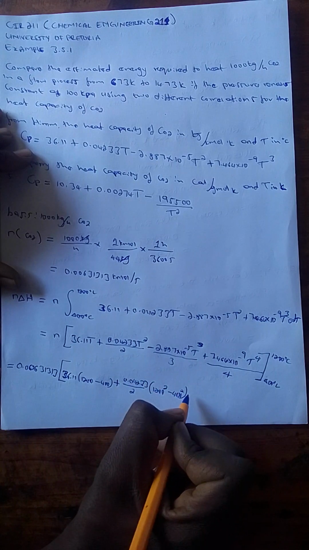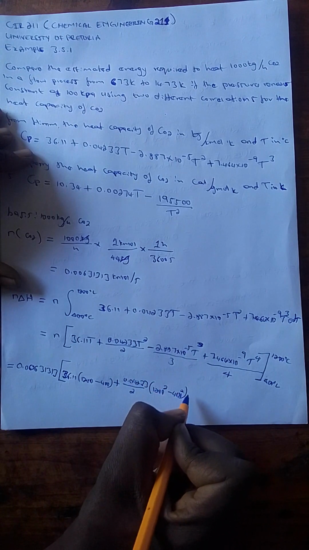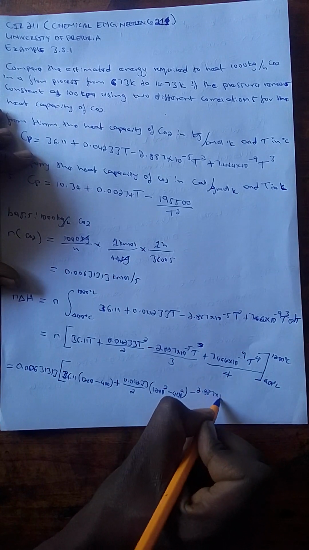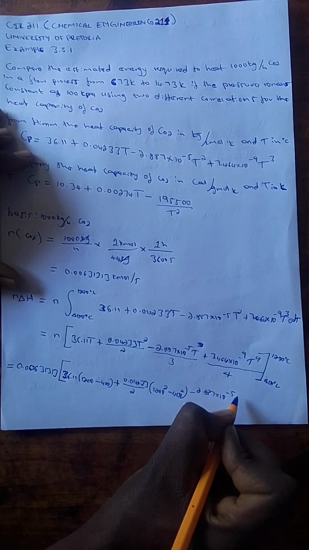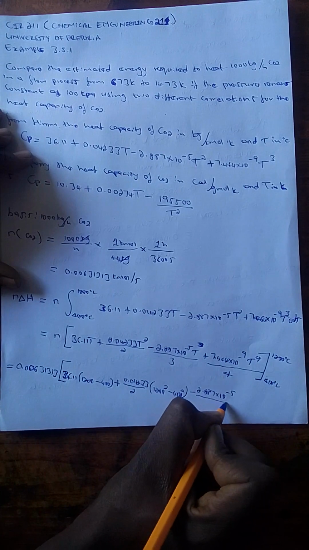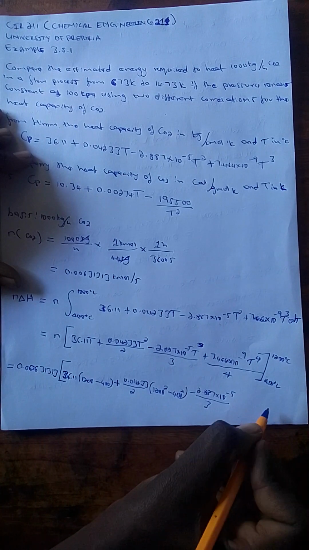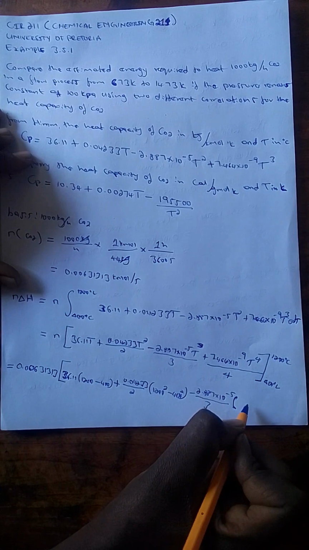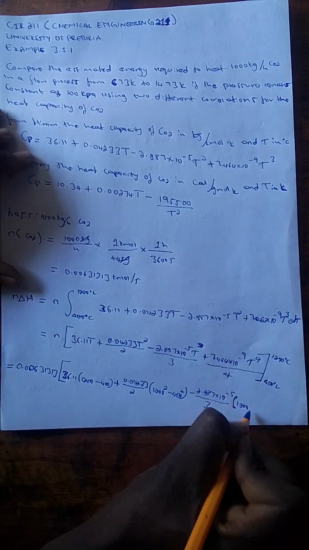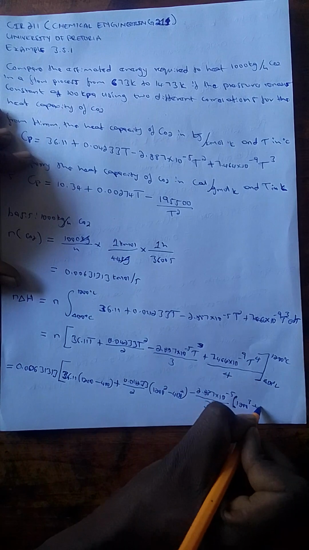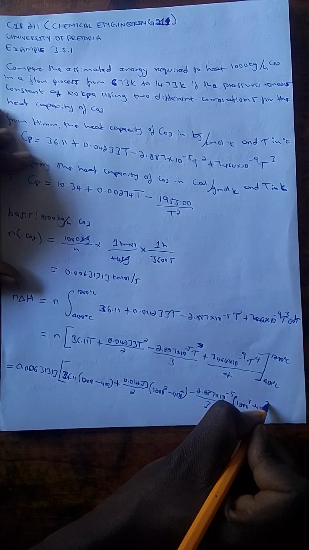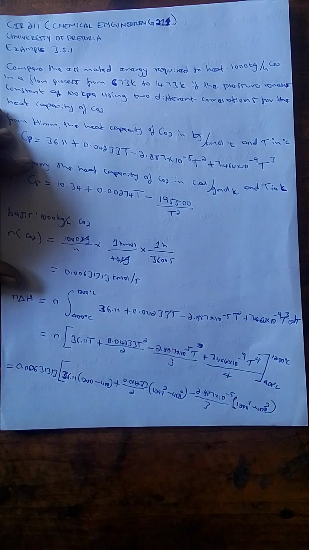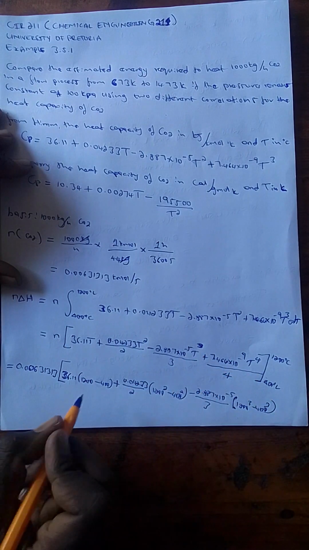So, and then when we get here, we have this one, which becomes minus 2.887 times 10 to the power minus 5, right, all over 3. And then we have our 1200 cubed minus 400 cubed. Well, there's no space for that, so I'm gonna put this down here.